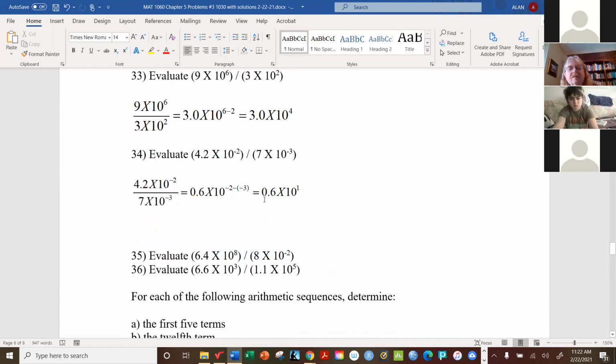Now, there's just one problem. This is not set up properly. We do not have a single non-zero digit before the decimal point. So what I'm going to do is this. I'm going to basically reverse what we were doing earlier. Instead of dividing and then multiplying, I'm going to multiply and then divide.